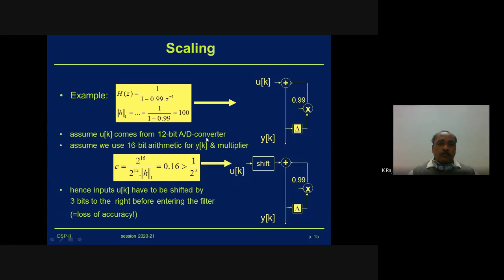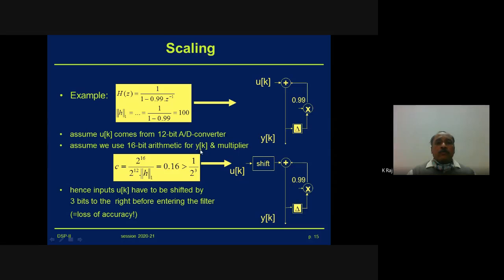Suppose we consider the input as the output of a 12 bit A to D converter, and we assume that the arithmetic for the output is 16 bit.